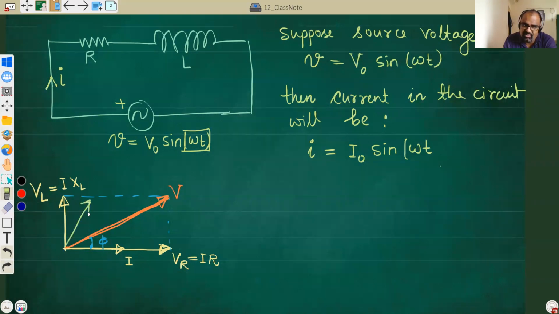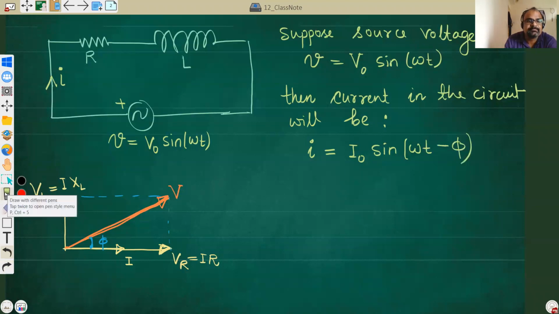If current was somewhere over here, then we would have said that relative to this voltage, current is leading. But that's not the fact. The fact is current is behind the voltage. So if the voltage phase angle is omega t, then the current phase angle will be omega t minus phi.